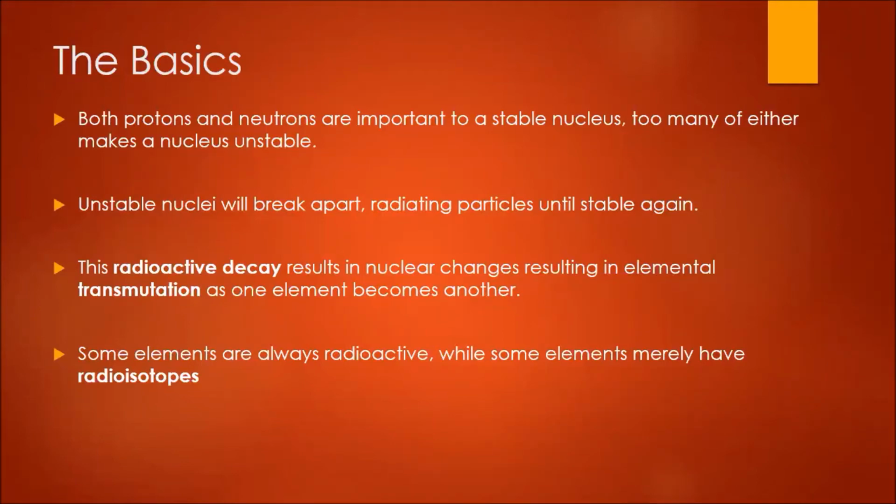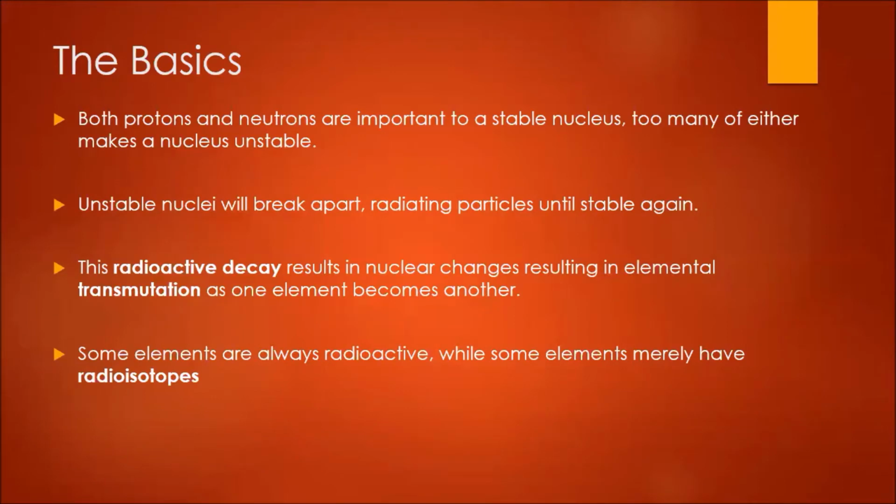So if you somehow managed to shoot the lead nucleus with enough energy to lose 4 protons and enough neutrons, you could hypothetically turn lead into gold, but that's not likely to happen. Not too easy.